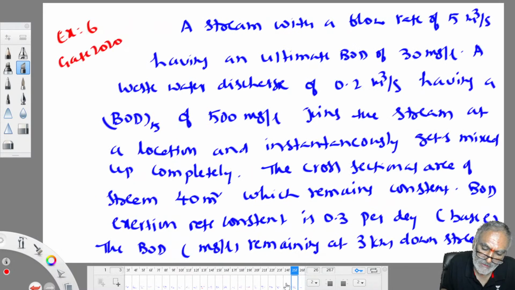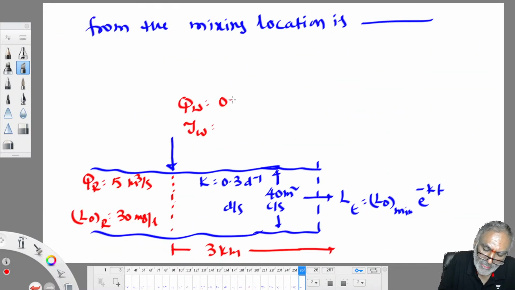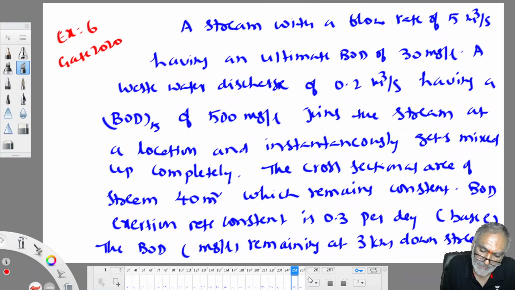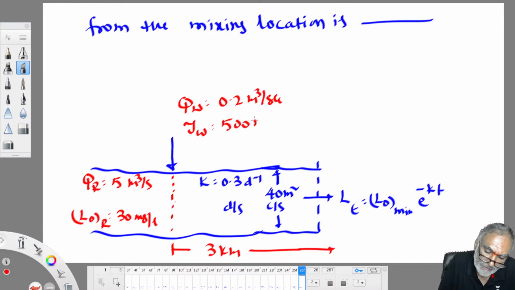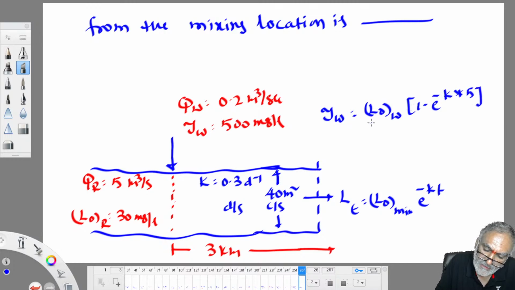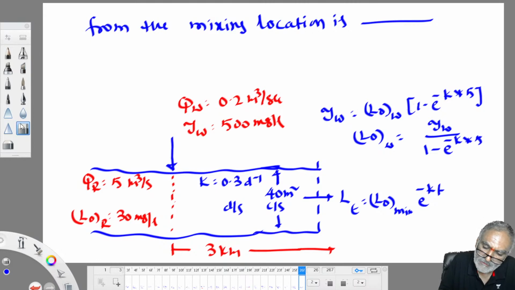And QW is 0.2 meter cube per second. This is okay. Sometimes this also will be given in MLD or liters per second, then you have to convert. The 5-day BOD is 500 milligram per liter. So YW I convert into L naught. YW is equal to L naught W into 1 minus e power minus KT. T is 5 days, 5-day BOD it is. So L naught W is equal to YW by 1 minus e power minus K into 5. Come on, work this out.